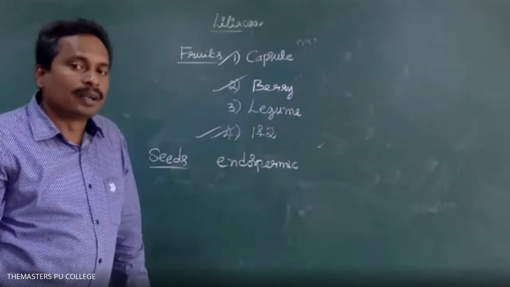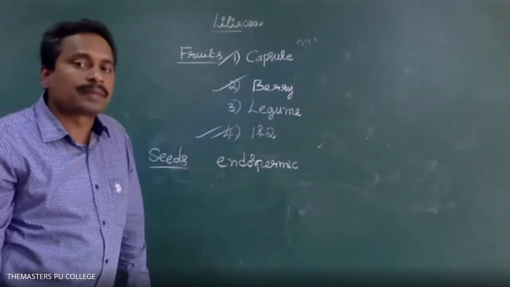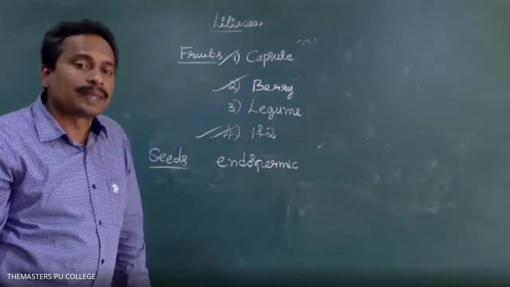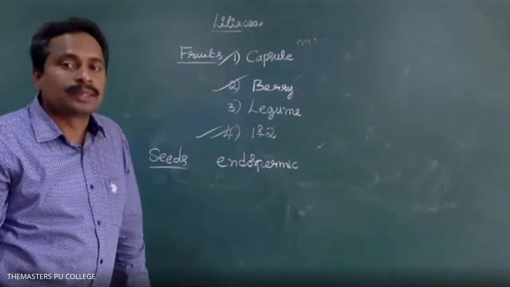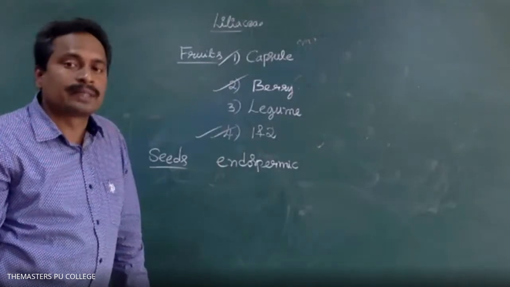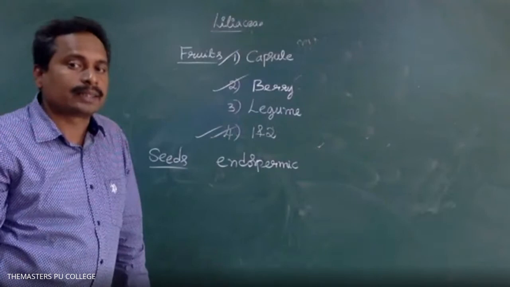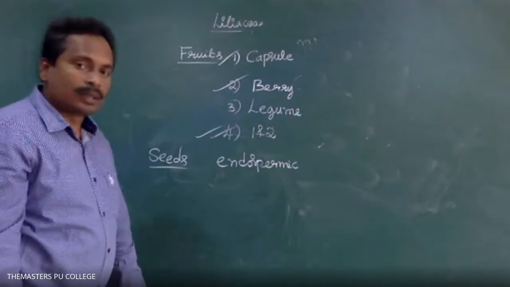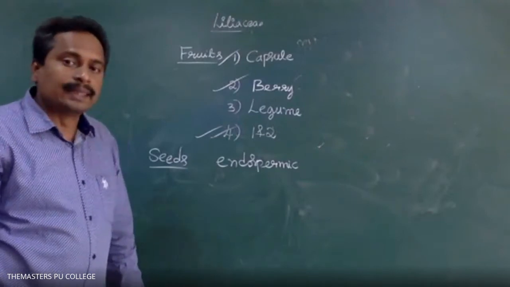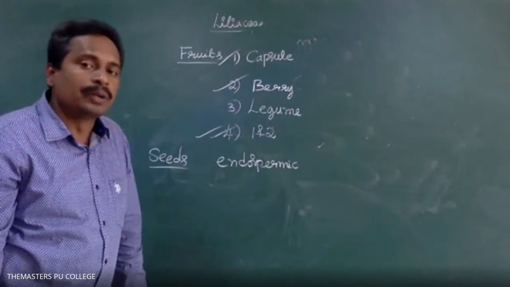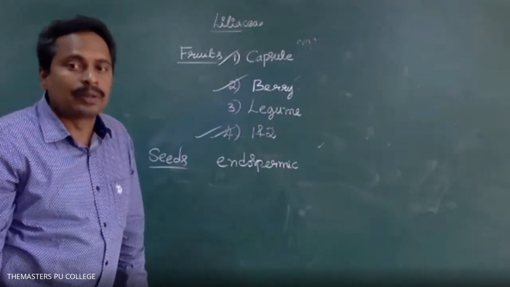We have already learned about the types of seeds based on whether endosperm tissue is present in mature seeds. The two types are endospermic and non-endospermic seeds. In the Liliaceae family, the seeds are endospermic; endosperm tissue is present in the mature seeds.